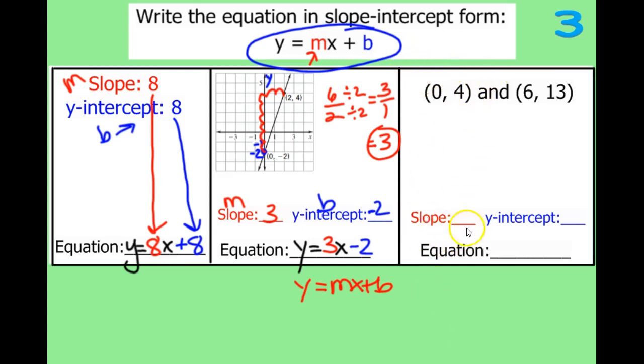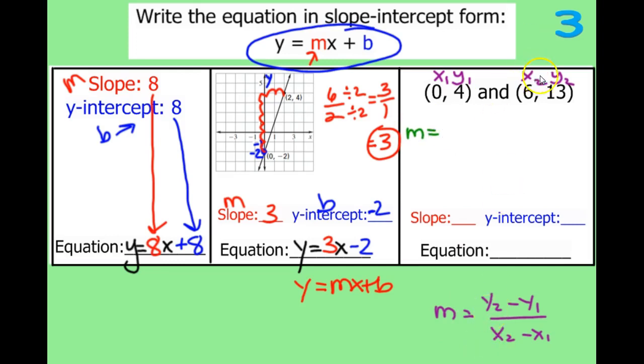Our next problem, we need to find our slope by using our slope formula. So I'm going to label our points x, y first point, x, y second point, and use my slope formula, y2 minus y1 over x2 minus x1 to find my slope.